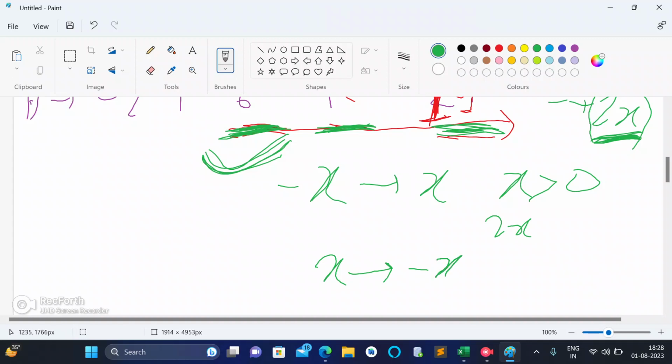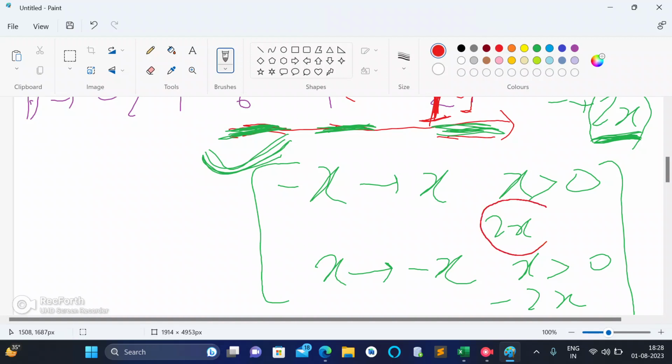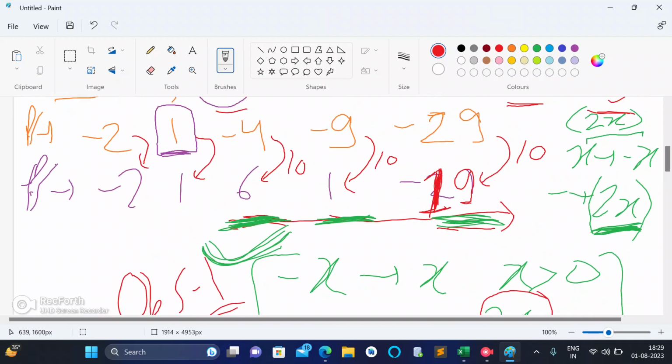And if there is a change from x to -x, when x is greater than 0, then there will be a change of minus 2x, from that point to all the points ahead of it in the prefix sum. So this is observation number 1.